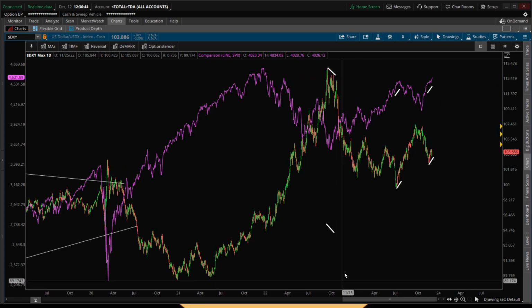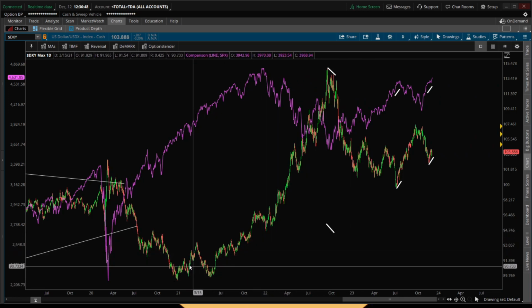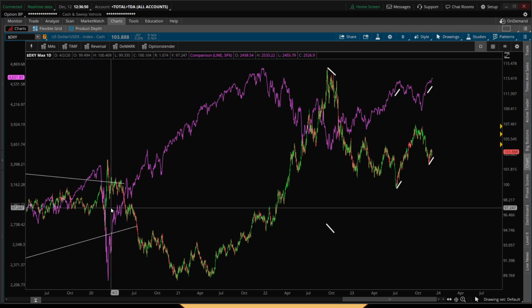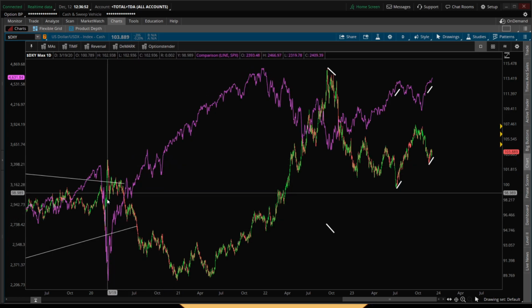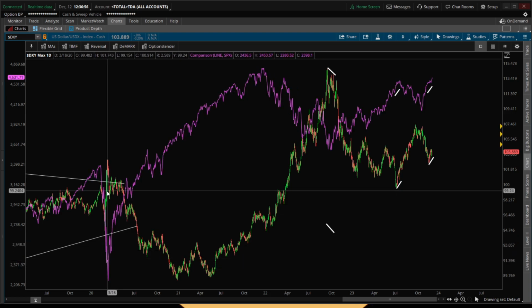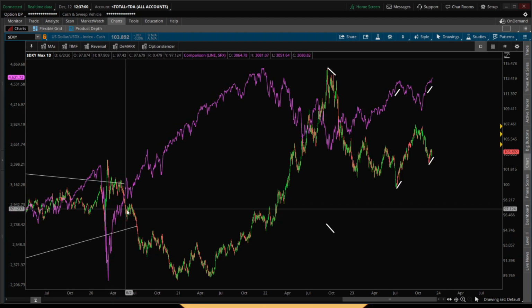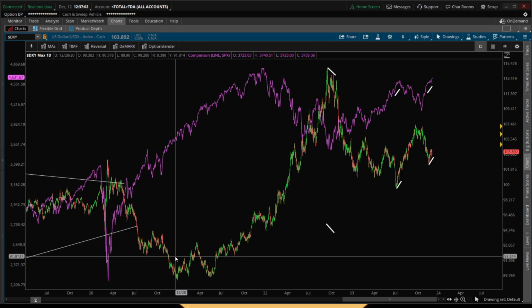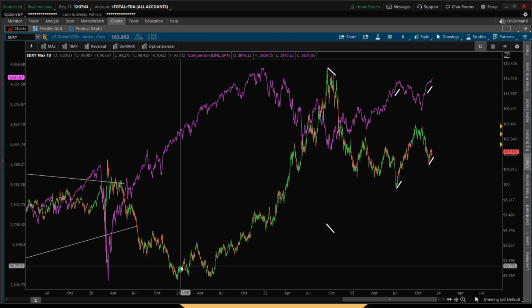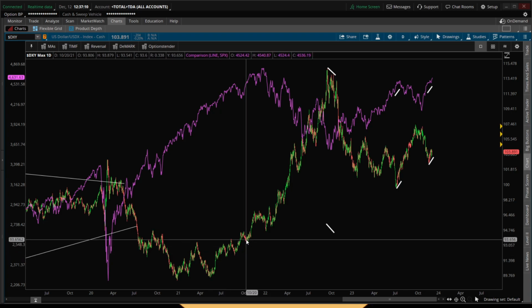So essentially with the dollar, back here, the dollar spiked, the market spiked to the downside. So that's our inverse correlation there. And as the dollar went down, the market went up. So that's very typical. And then the dollar started gaining steam, giving us a divergence.